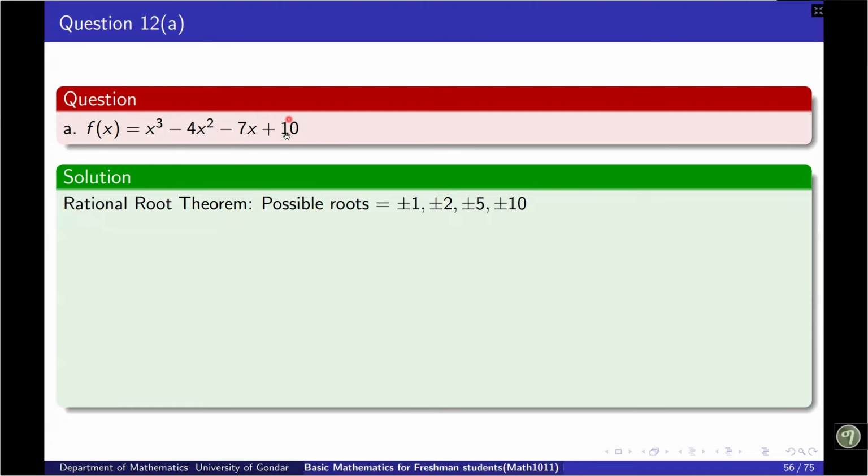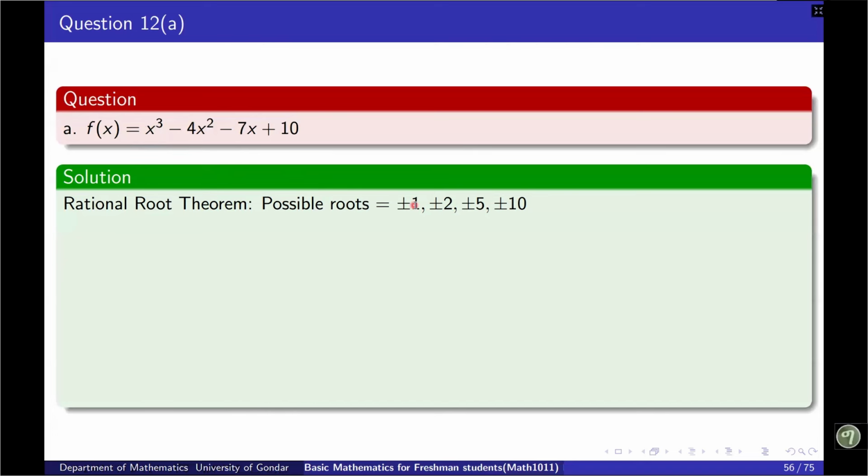The factors of the constant term, that is the expected numerator for the rational number, could be plus or minus 1, plus or minus 2, plus or minus 5, and plus or minus 10 itself. Similarly, the factors of the leading coefficient, that is 1, will be only plus or minus 1.